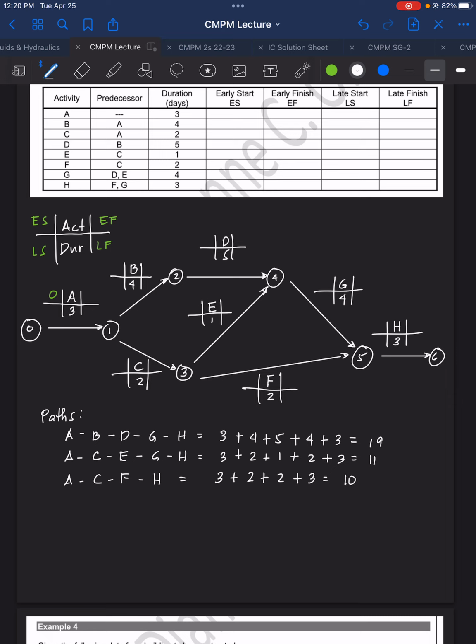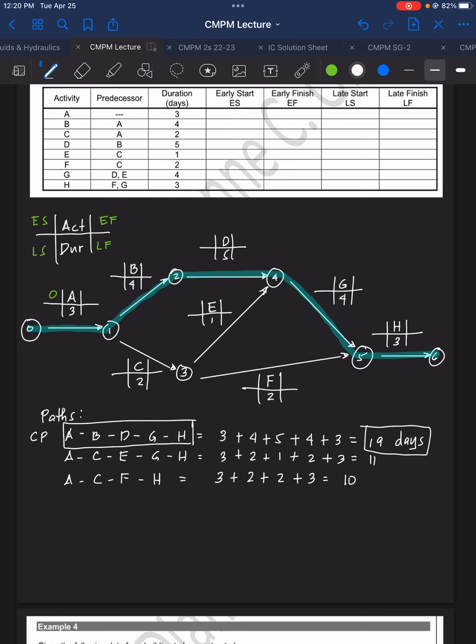Therefore, the duration of the project is 19 days, and the critical path is A, B, D, G, H. So now we were able to determine the critical path and the duration.